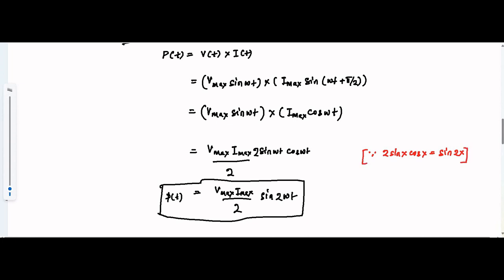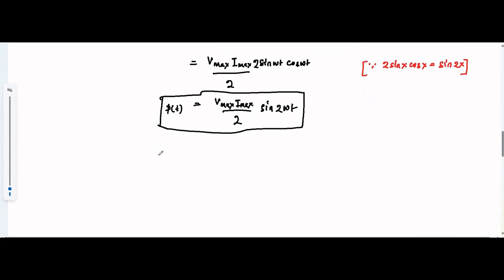Now if we want to find out the average power over one complete cycle, then we have to integrate the instantaneous power over one complete cycle.